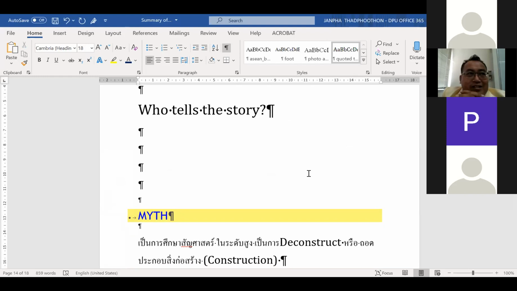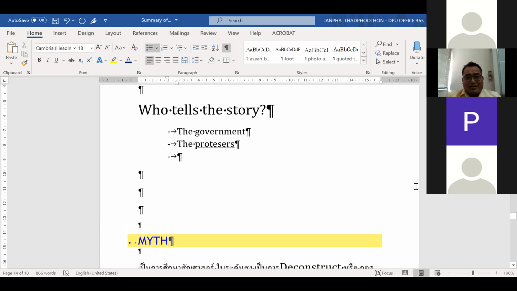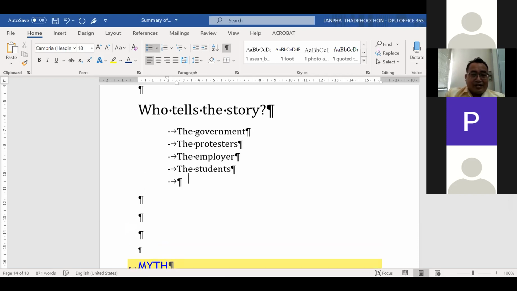Everybody wants to have their say. You want to tell the story. Who? Can it be the government? Can it be the protester? This is not political, but is. Can it be the employer, the student, the teacher?